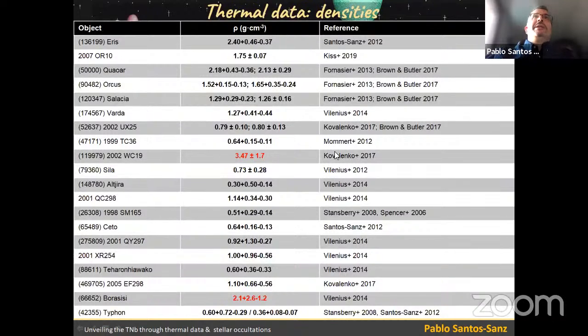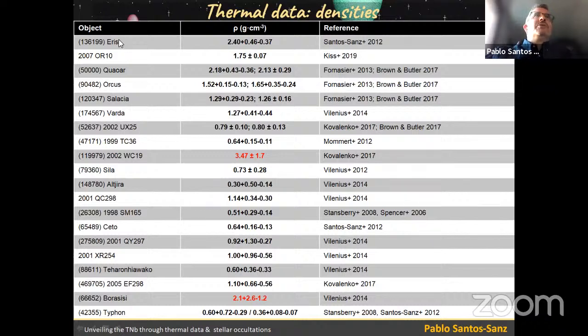Well, from thermal data, of course, as we have the sizes, we can obtain volumes. And if we know the masses, this is typically known for binary or multiple objects, we can obtain densities. In this table are the densities derived from thermal measurements. I have put here in red some outliers.